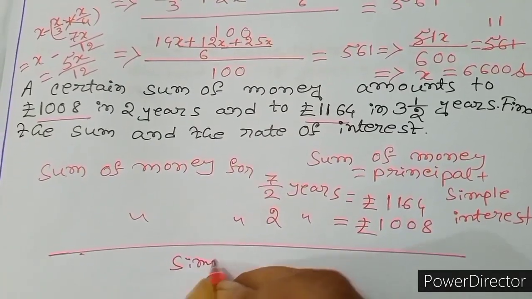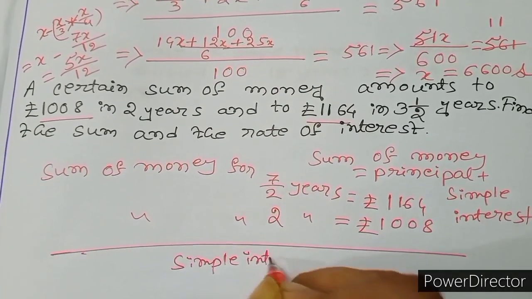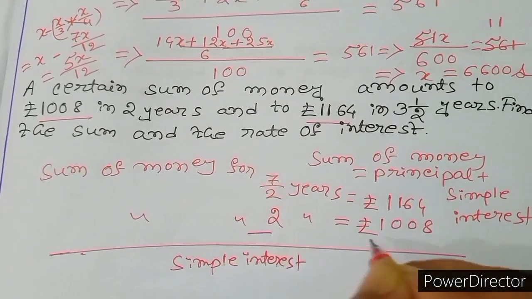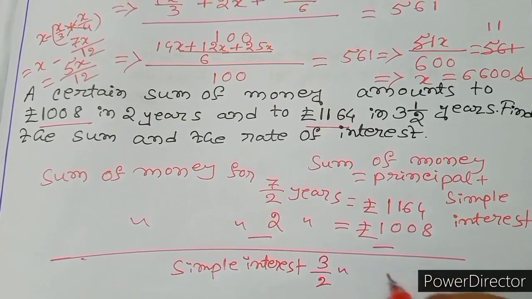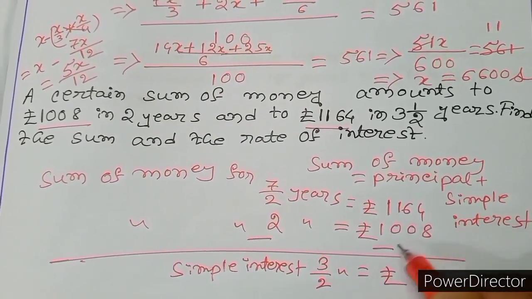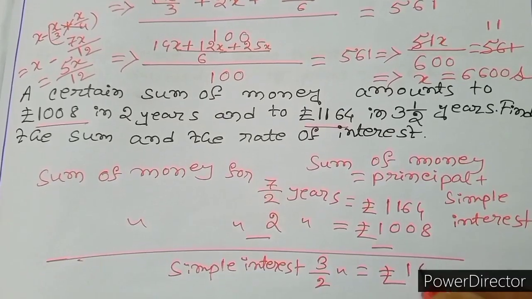So simple interest for 7/2 minus 2, means 3/2 years, equal to 1164 minus 1008, means 156.